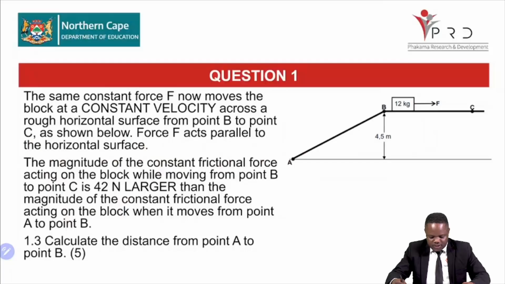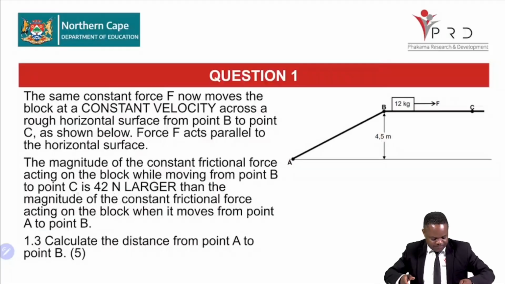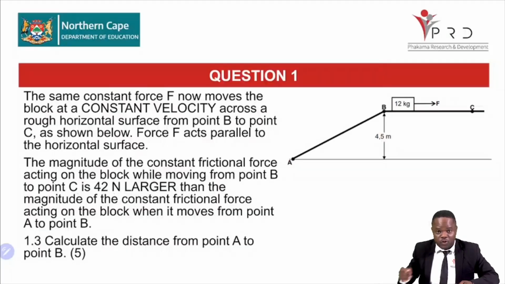Right, let us continue with our question now. It's having now a second twist. So let's follow through this question. Okay, sorry, let's start it from the top, grade 12.